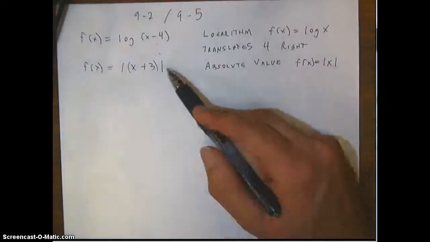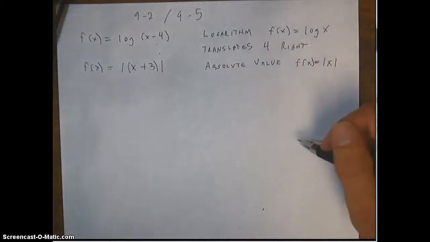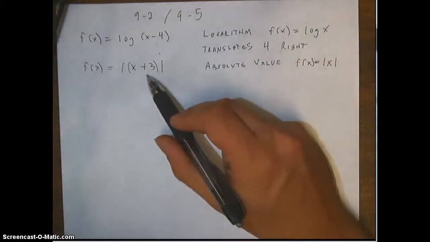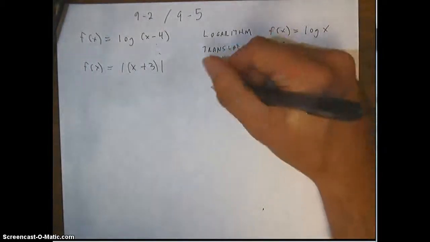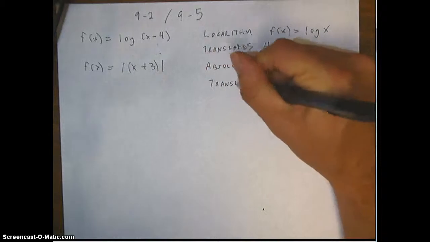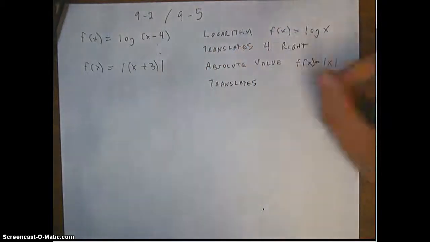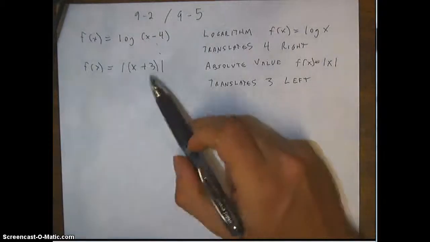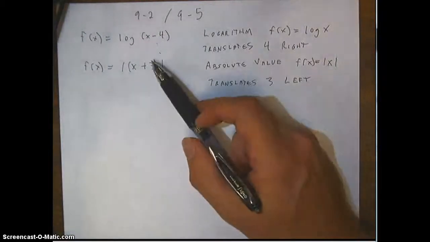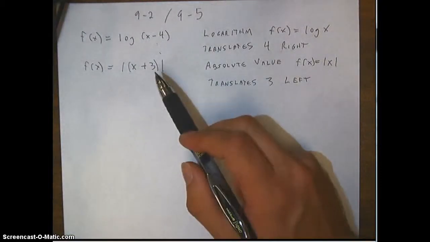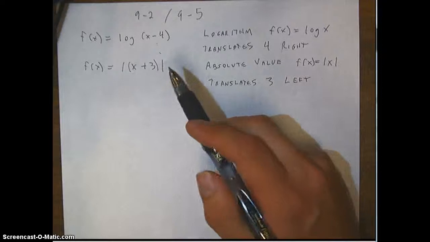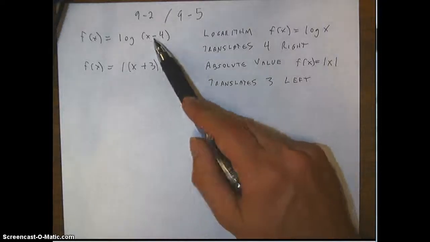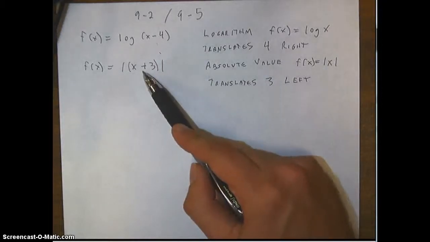And since it's inside the parentheses, it's counterintuitive. And so what that means is that the plus 3 means that it translates 3 to the left. So inside the parentheses means that it's left or right, and that it's counterintuitive. Minus means right, plus means left.